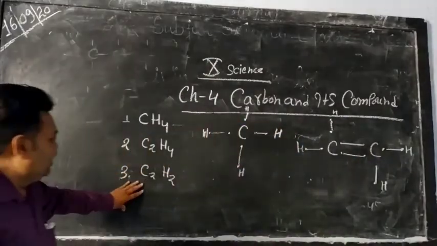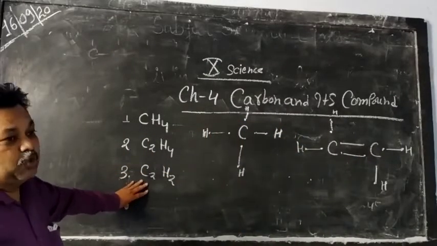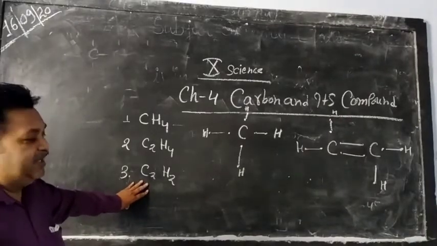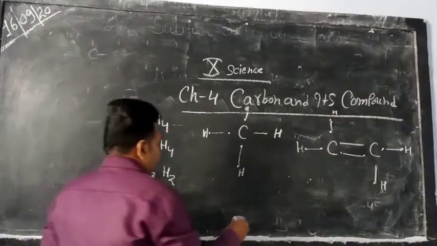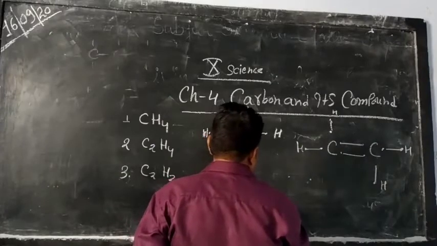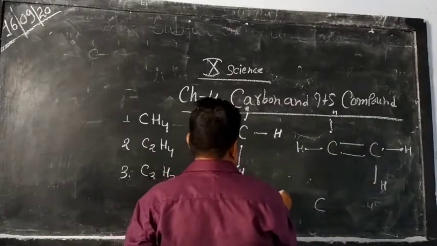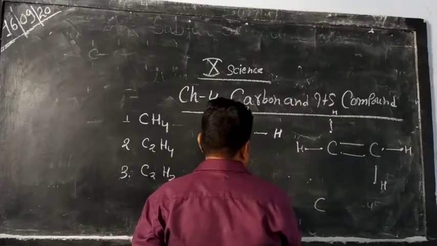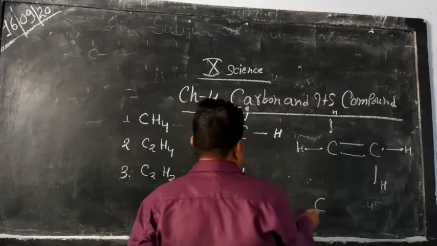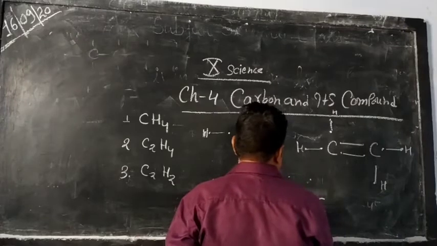Now let's see the other example, which shows the triple covalent bond. These 2 carbon atoms, each carbon atom has 4 electrons in its outermost shell.